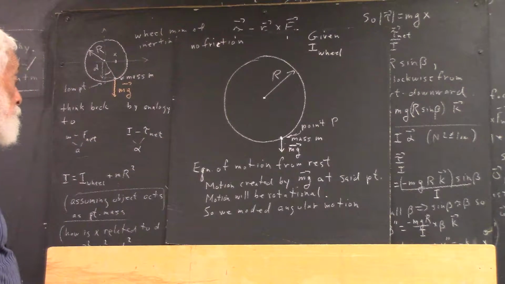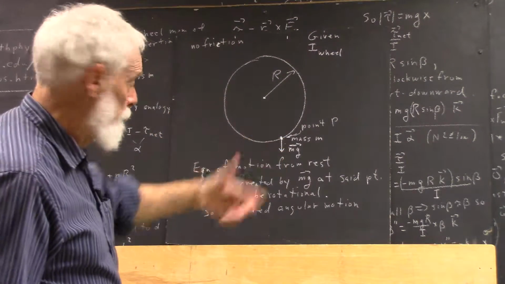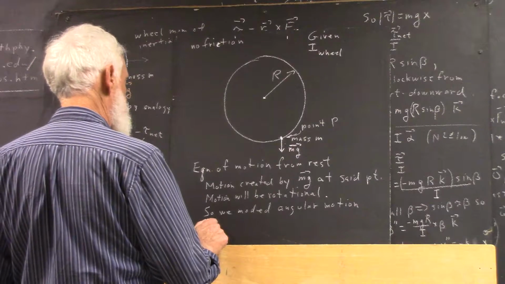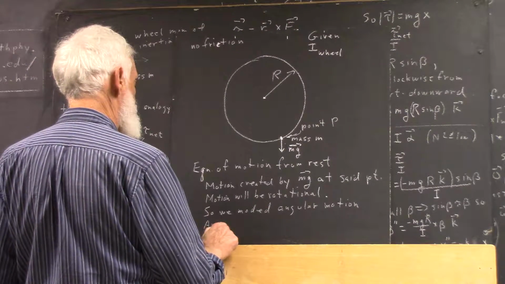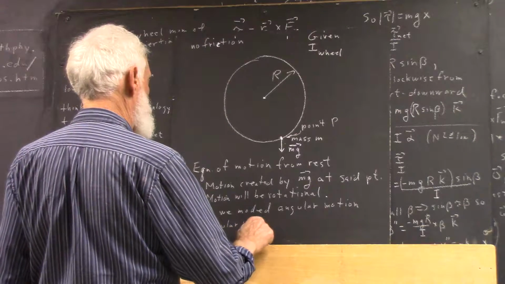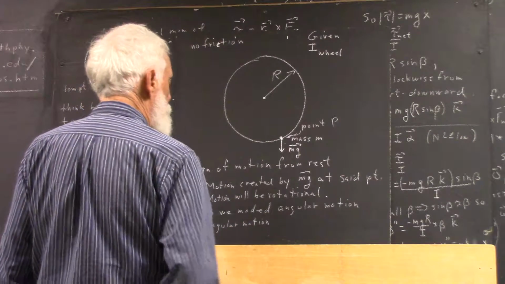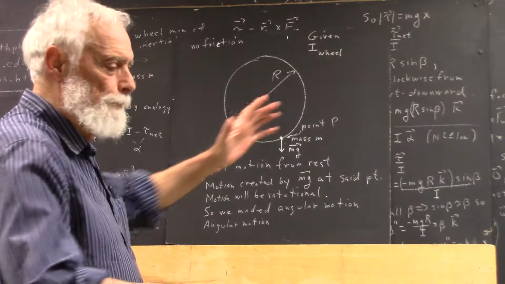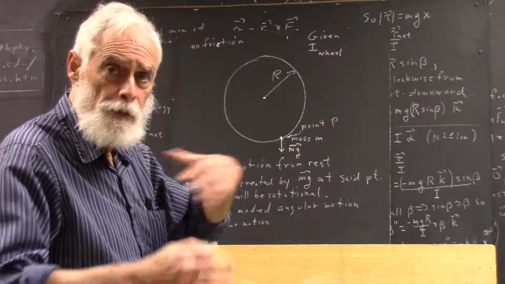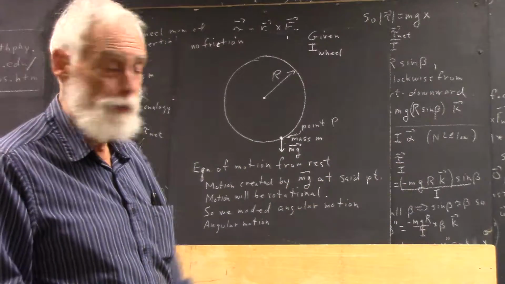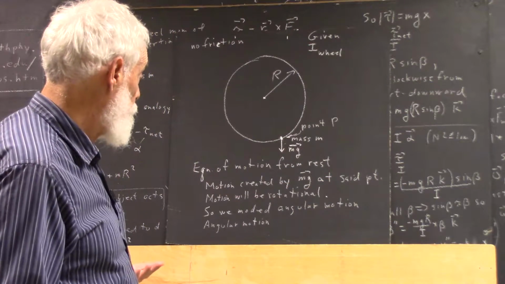So, what is it that causes this thing to move? Okay, well, angular motion in the first place, if nothing is speeding this wheel up or slowing it down, it's just going to continue rotating at constant velocity because these are the only forces involved. Nothing's going to change.